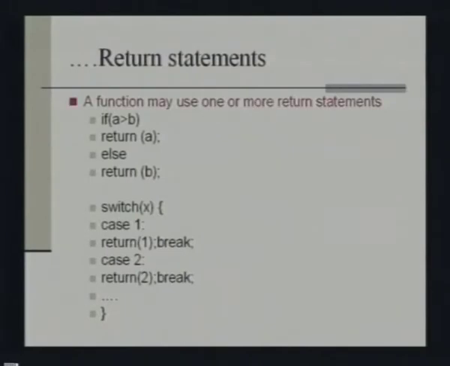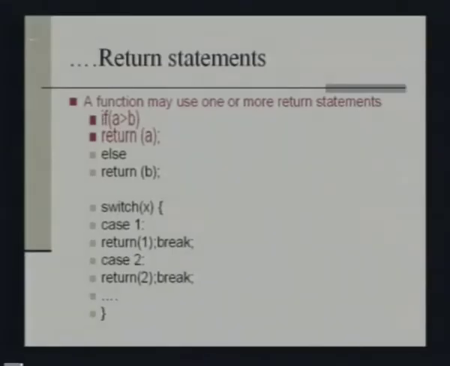A function may use one or more return statements. It is not necessary that if you are declaring a function and defining it, it should have only one return statement. There may be exceptional cases where because of some conditional expression, because of some evaluating expression, we may have to return more than one value depending upon the situation. So that is most common with the use of these decision statements.